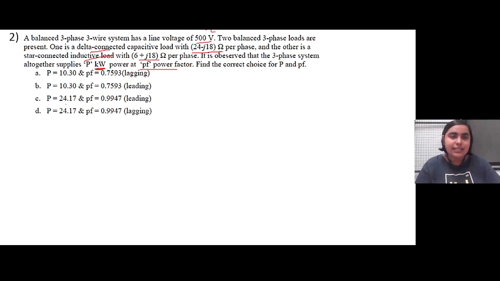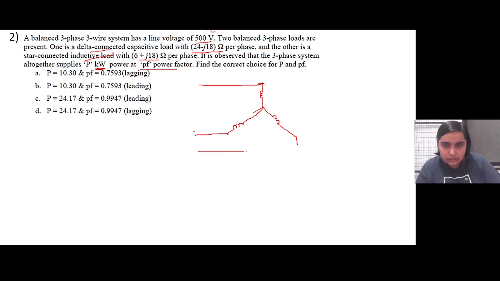So in this case, there are two loads given. One is star connected, and it is connected to whatever the supply may be, of course with the neutral not drawn here.